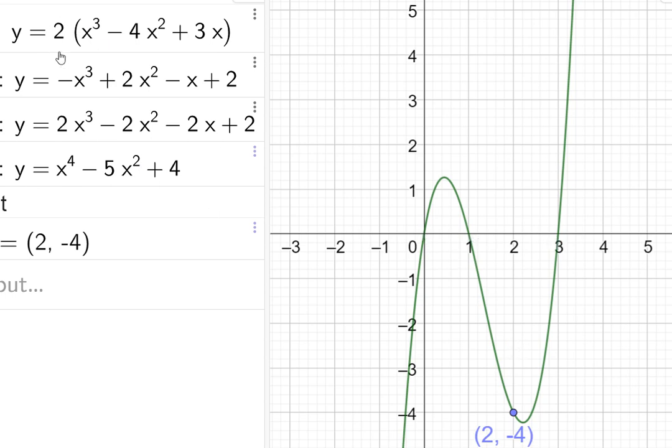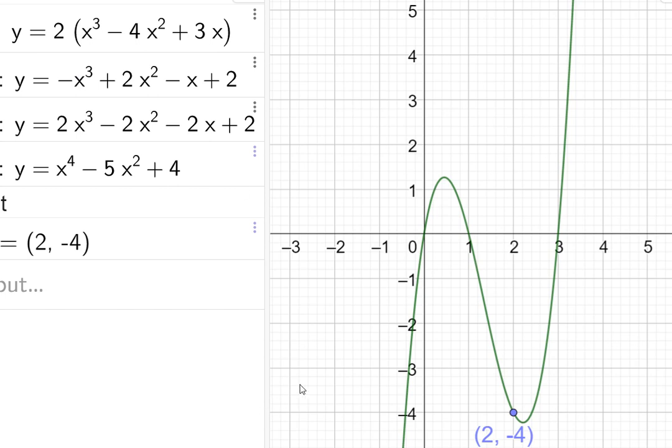Multiplying by a constant has not changed my roots, but I now have a different point on my function because it has effectively been stretched. Every single y output has been multiplied by 2, so it's been pulled out away from the roots. All of my y outputs are now double the distance on my y-axis.